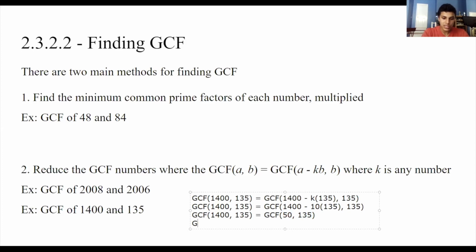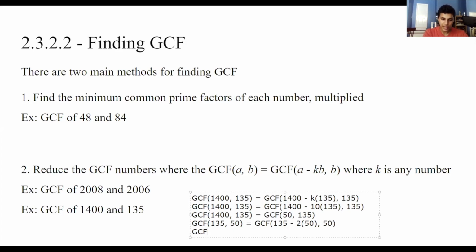We're going to say the GCF of 135, and I'm going to use 135 as A now because it's my bigger number, and 50 will be equal to the GCF of 135 minus K, which I'm going to make 2 in this case, so 2 times 50, and 50, because I also have to include B there.